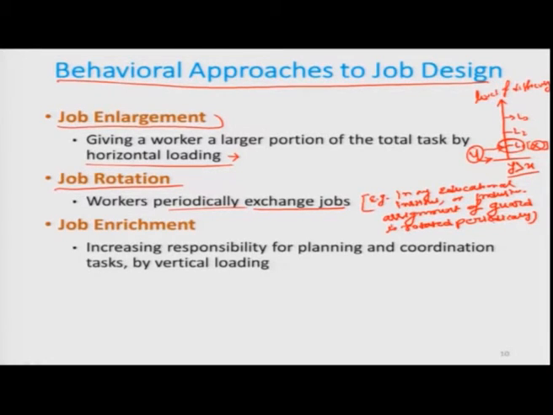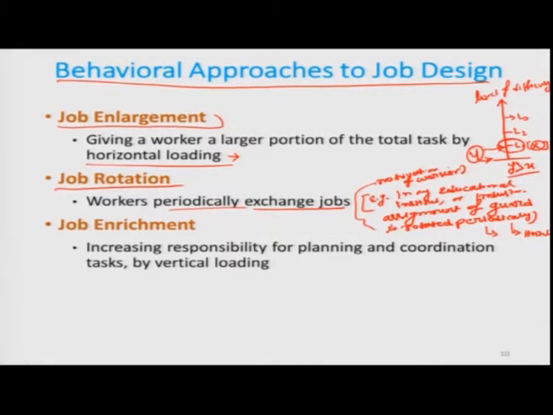One day he will be assigned at the main gate, another day he may be assigned at a hostel. So, this is job rotation and it helps with better motivation of workers.